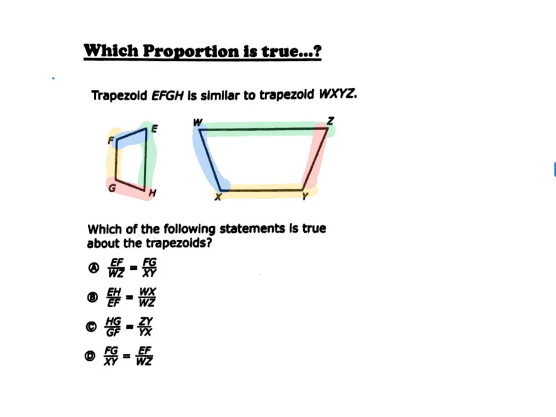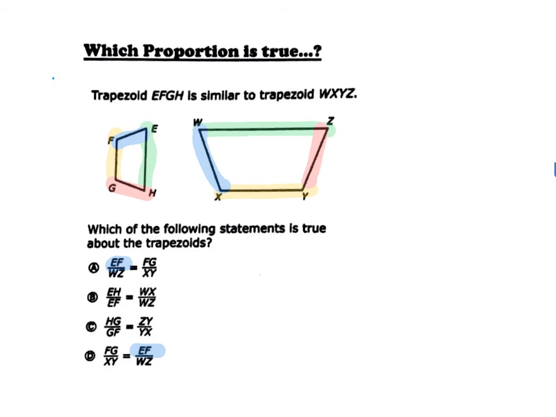Alright, so it says which of the following statements is true about the trapezoids. So after we've color coded each trapezoid, we have to color code the letter of which color they are in the trapezoid. So for example, EF is blue in the trapezoid. So we have to color code EF like that, or it could be FE.